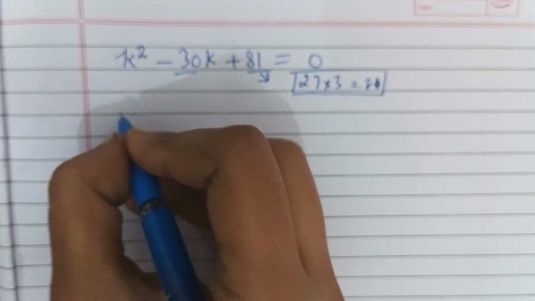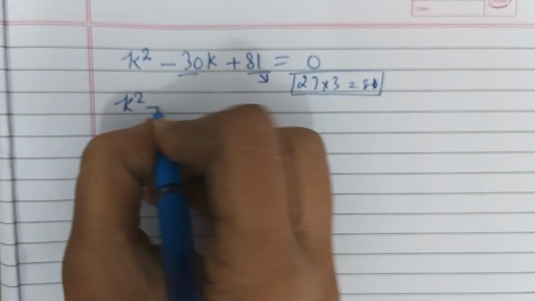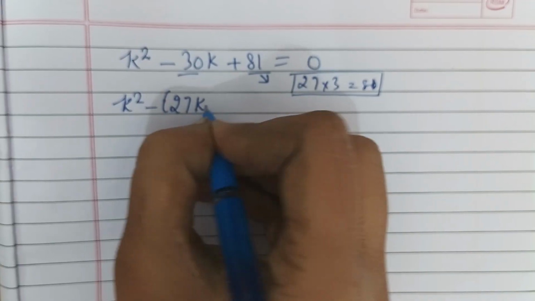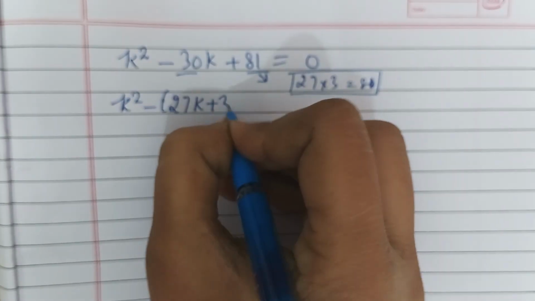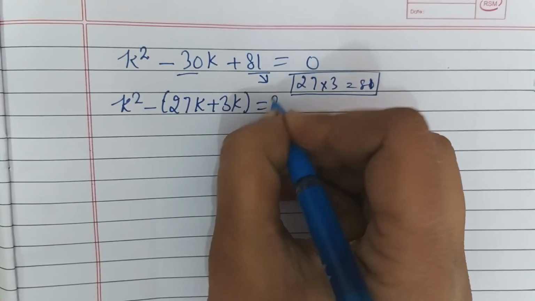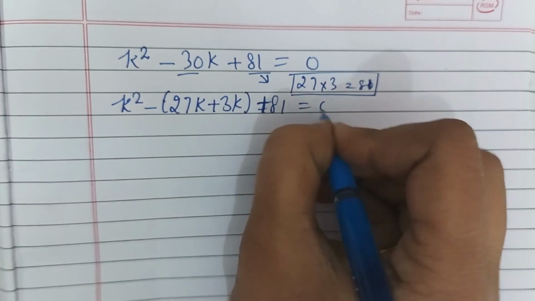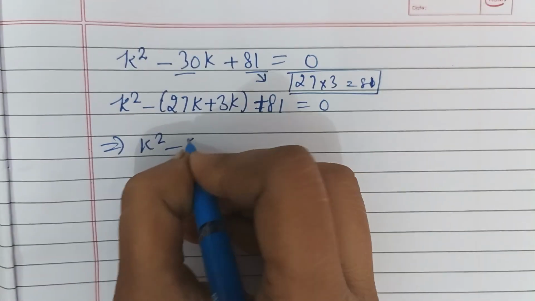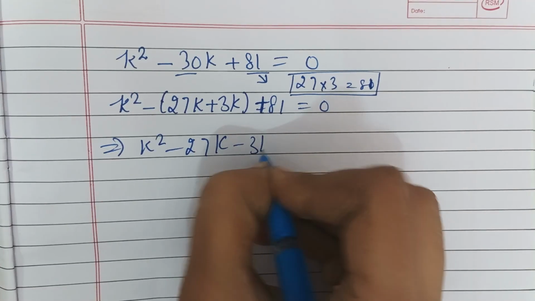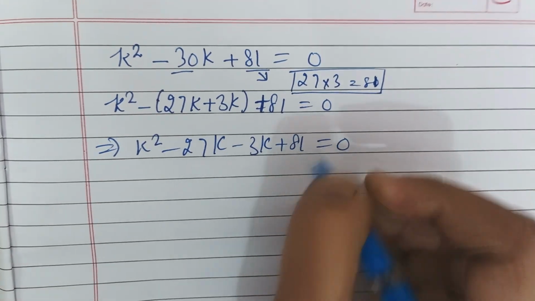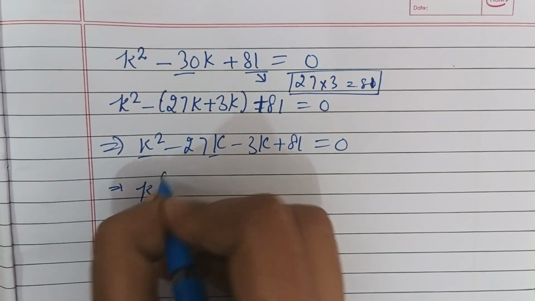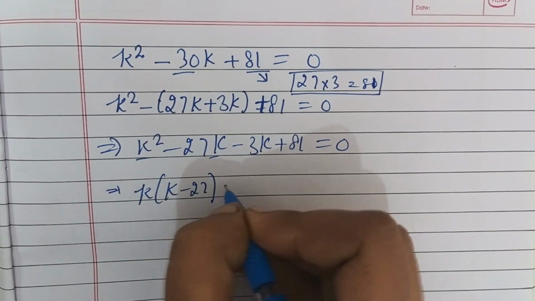So we can write it as k square minus 27k minus 3k plus 81 equals 0. Now taking k common from here, it will become k into k minus 27.